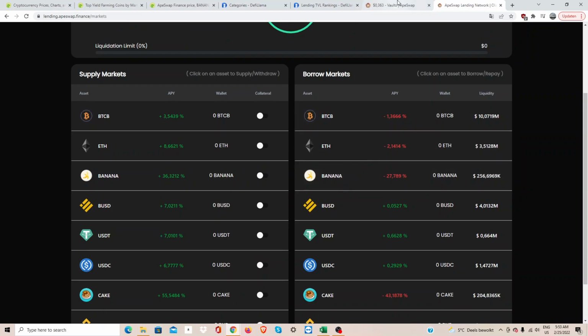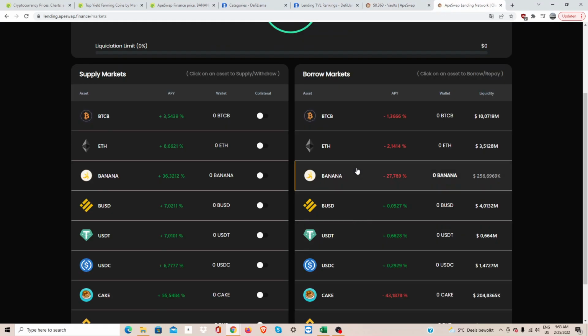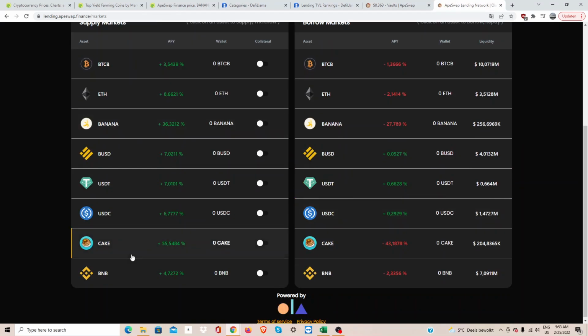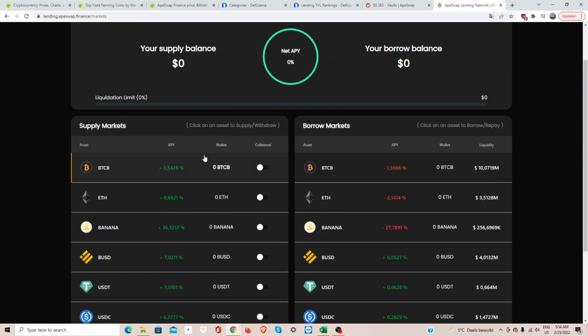But if you do the other strategy, like borrow banana, so you deposit any of these coins, I would recommend depositing maybe a stable coin, because then your collateral will remain stable. If you deposit, like, let's say BTC, Ethereum, or even Binance coin or Cake, then when the price drops, of course, your collateral drops in value, and of course you can get liquidated.